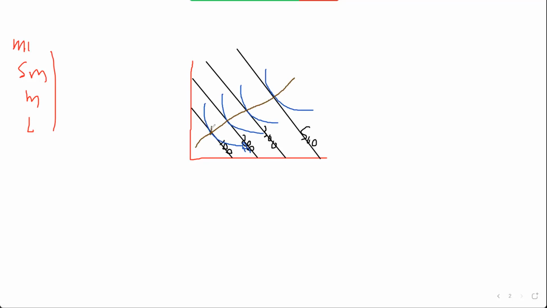For example, A, B, C, D like that. This line we call expansion path. Expansion path. Now, along the expansion path, producers are economically efficient. Now, that is the important point here.